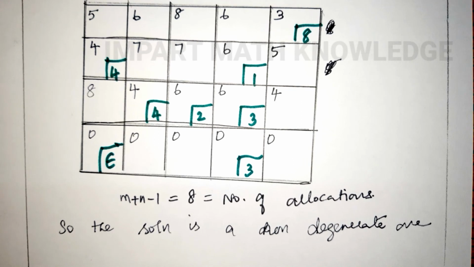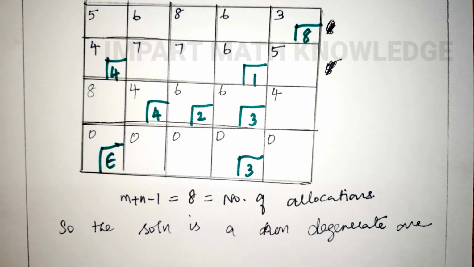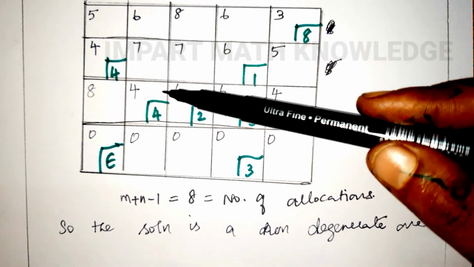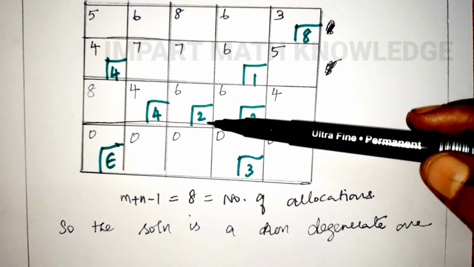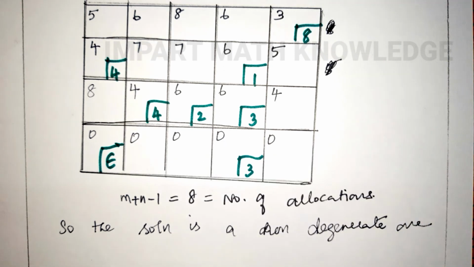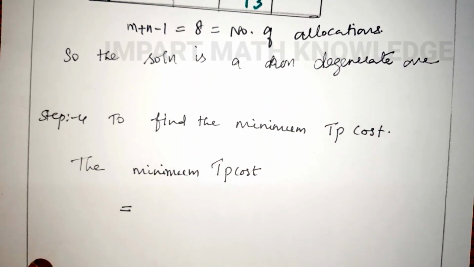Let me write the minimum transportation cost. Minimum transportation cost is nothing but 3 into 8 plus 6 into 1 plus 4 into 4 plus 4 into 4 plus 6 into 2 plus 6 into 3 plus 0 into epsilon plus 0 into 3.